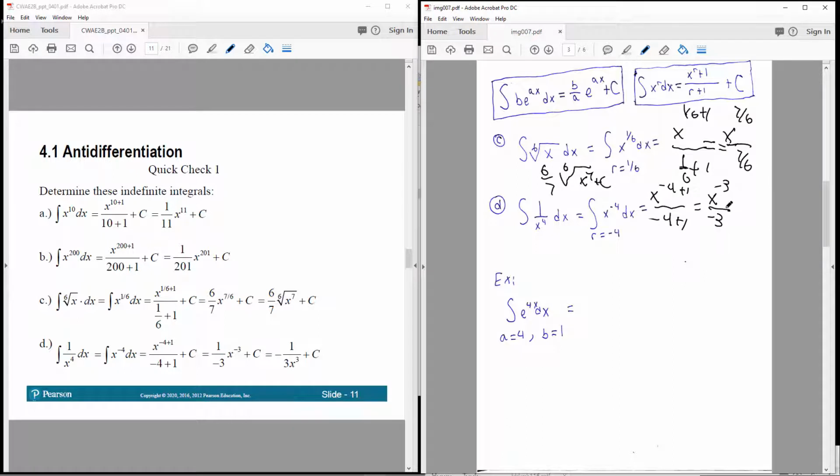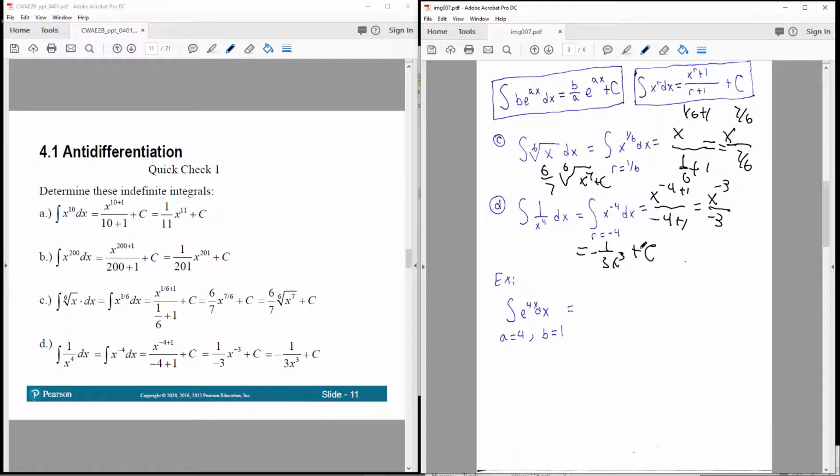Okay. Which final answer is going to be something like negative 1 over x to the 3rd plus c.